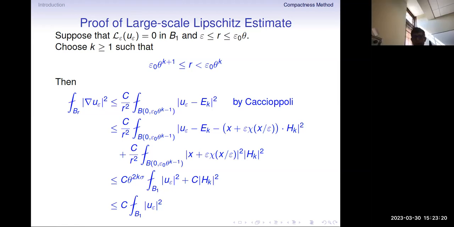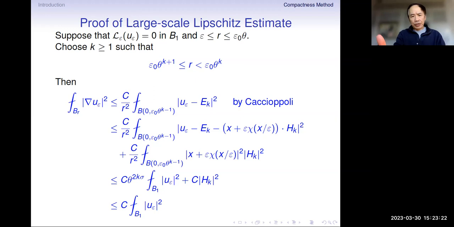Assume you have a solution in B1 and you have an R between epsilon and 1. You can assume R is already less than or equal to epsilon 0 theta, because if R is greater, then it's classical. Then you can choose an integer k so that R is sitting between two powers of theta, between theta to the k and theta to the k plus 1.